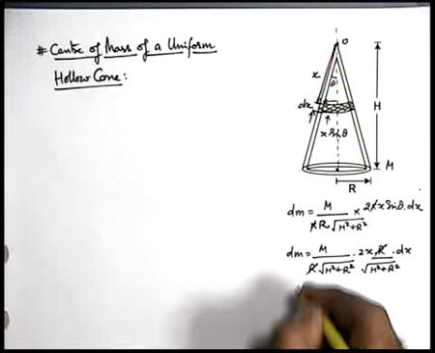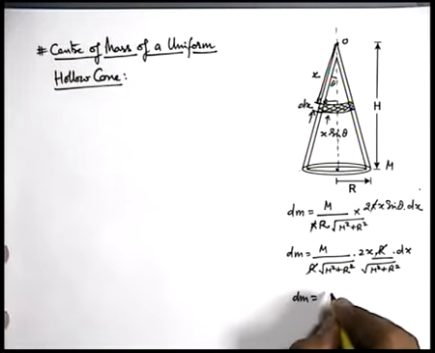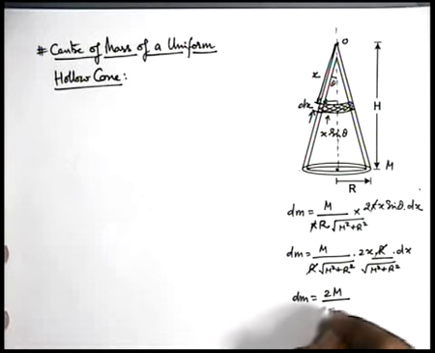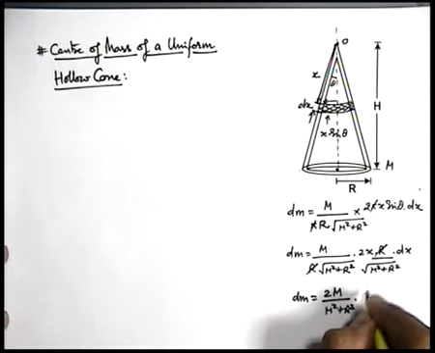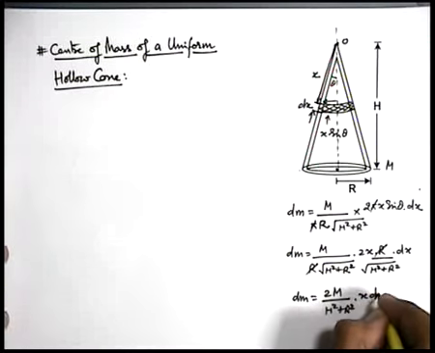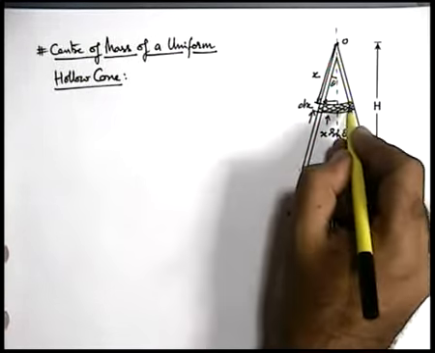Here this r will also get cancelled out. Value of elemental mass in this case will be 2m upon h square plus r square into x dx. So this is the elemental mass for the ring strip.